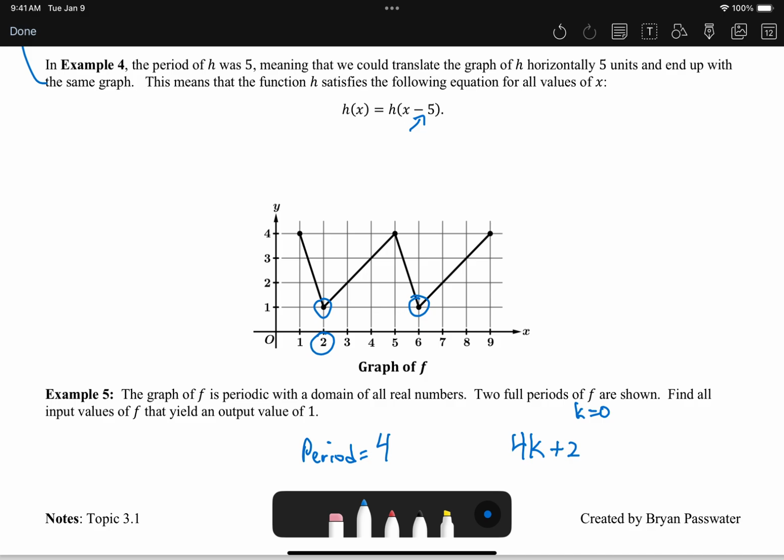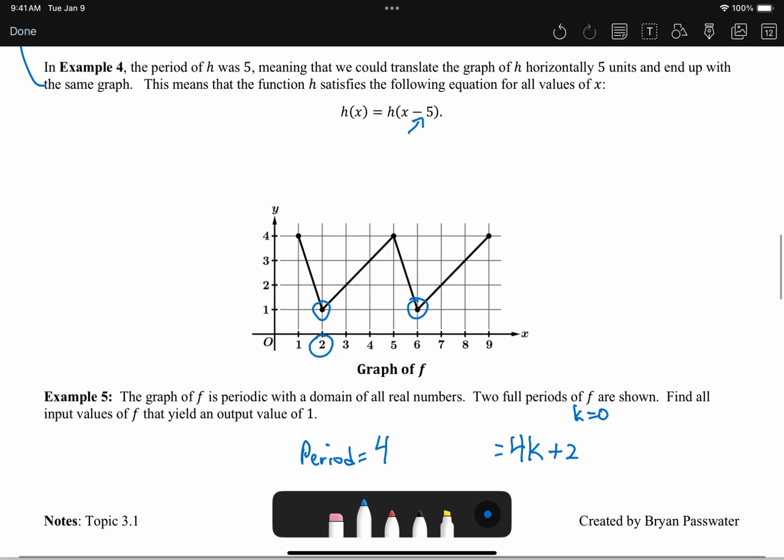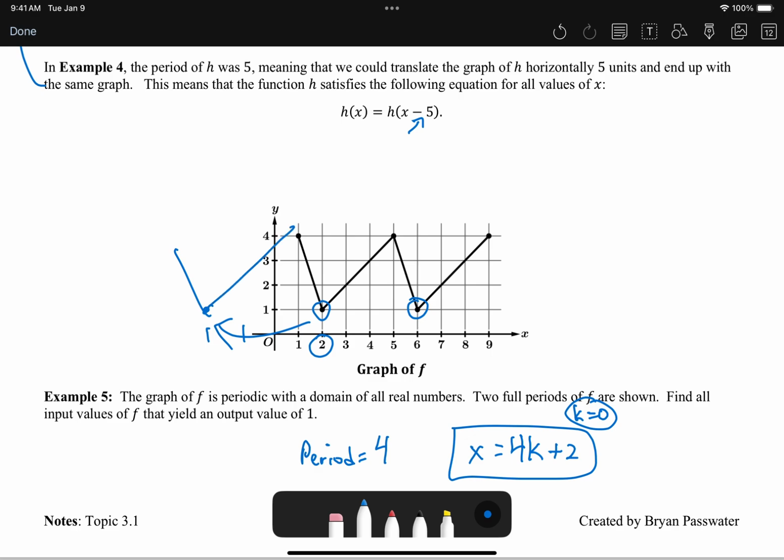Let's see, put k as 1. 1 times 4 is 4 plus 2 is 6, so that works. So our x's would be found by taking 4k and adding 2 every time. Now this k can be anything. We can go backwards too. We can make k negative 1. If we make k negative 1, then it's negative 2. 1, 2, and there's our graph. And you can see that it would be accurate.